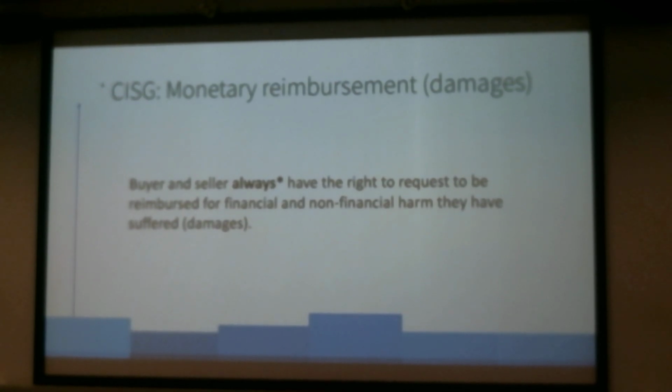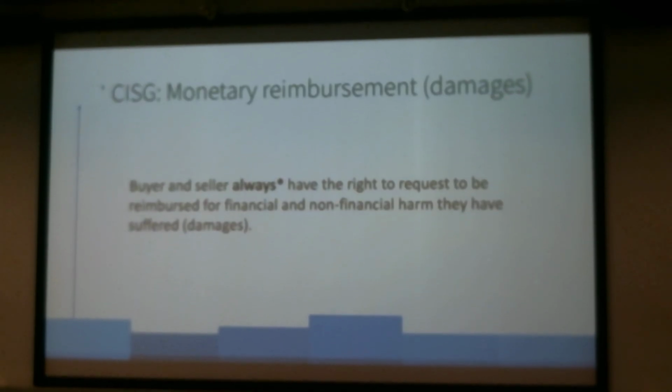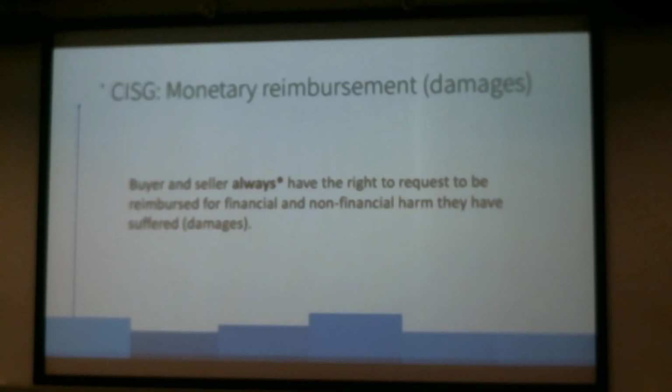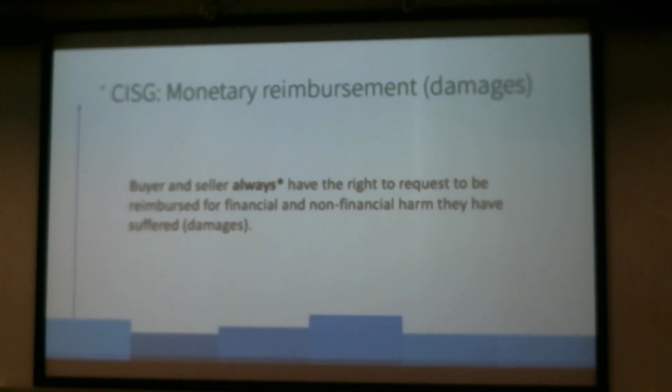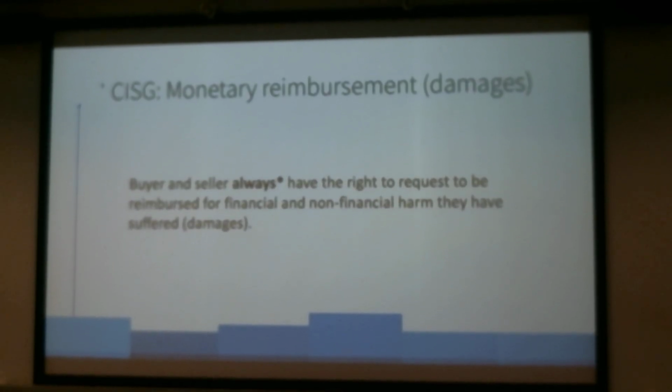I purchased the computers from Apple. Maybe in addition to the cost of the computers being at issue, there is also some additional harm, financial or non-financial, which I have suffered. And this area of the CISG deals with that.